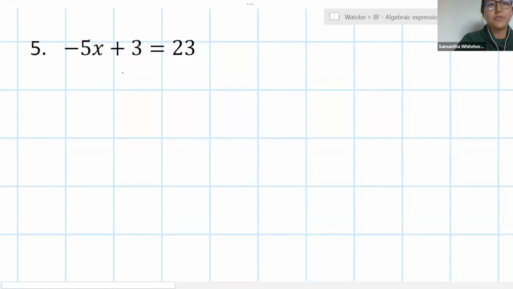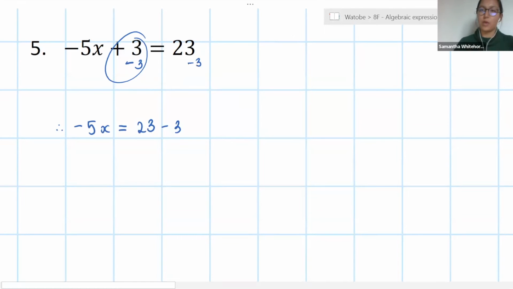So I am going to first subtract 3 on both sides. That will give me 5x is equal to 23 minus 3, because I want to deal with this 3 that's being added here. And what I do on one side of my equation, I must do on the other side. Now we know 23 minus 3 is 20.